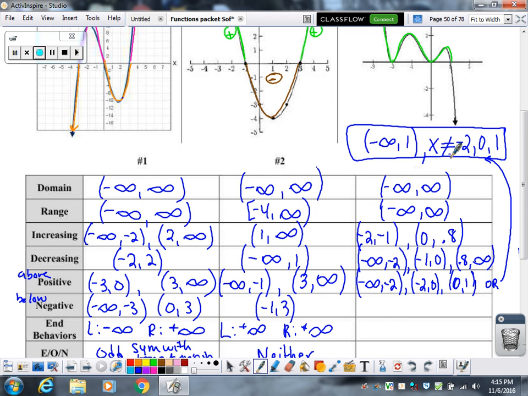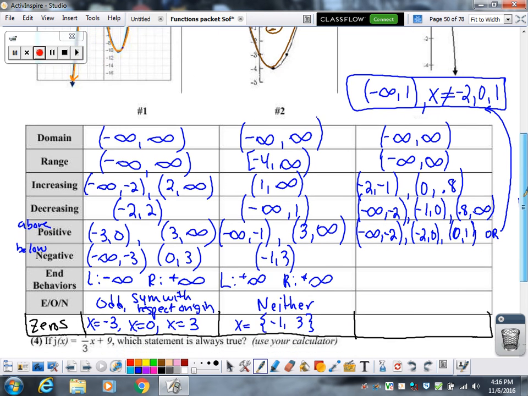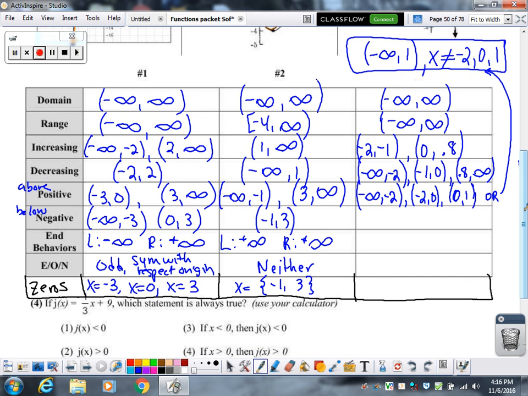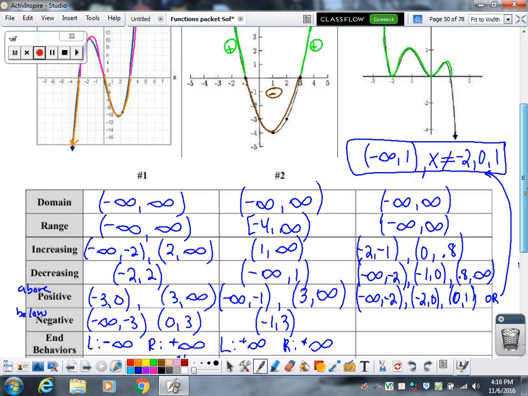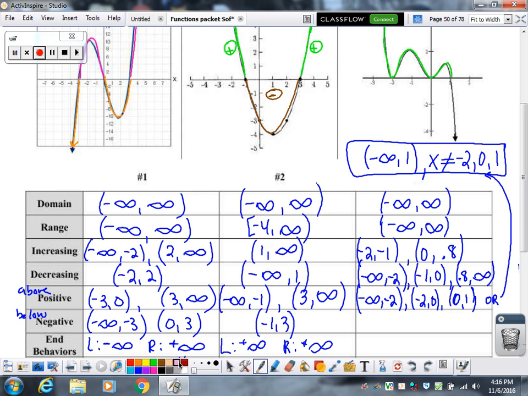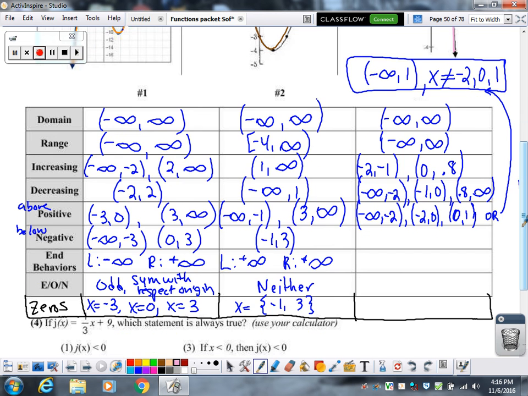You have to write down that we cannot include -2, 0, 1 because that's where the function is actually equal to 0. And we're not looking for that. We're only looking for where it's positive. Negative, this one's pretty easy. There's only one interval where it's negative, and it's after the 1. So the interval will be from 1 to infinity, that the graph is negative.